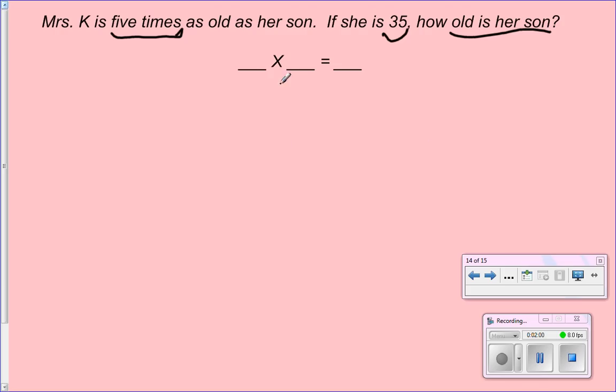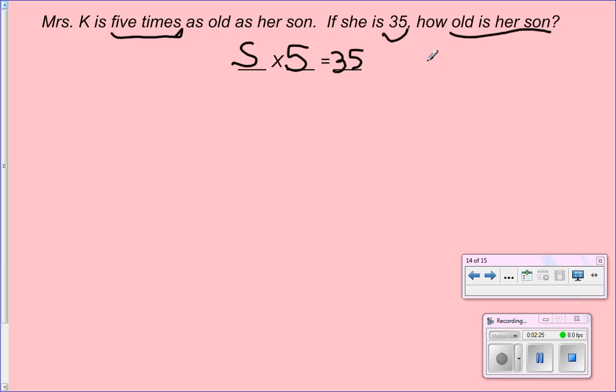Because it's a multiplicative comparison, I'm not going to put how old is her son on this side of the equal sign. I'm going to actually put her age over here. She's 35. Because if we take her son's age, and we'll give her son S, times 5, because she's 5 times older than her son, we're going to get her age, which is 35.